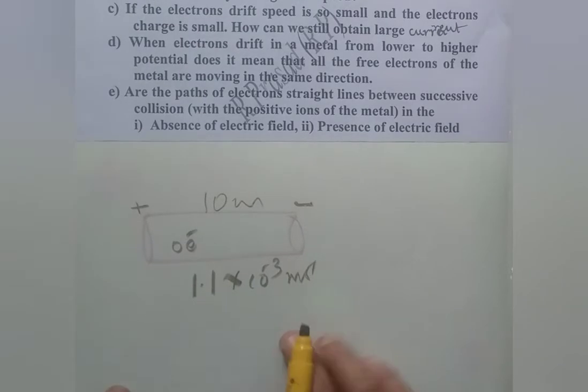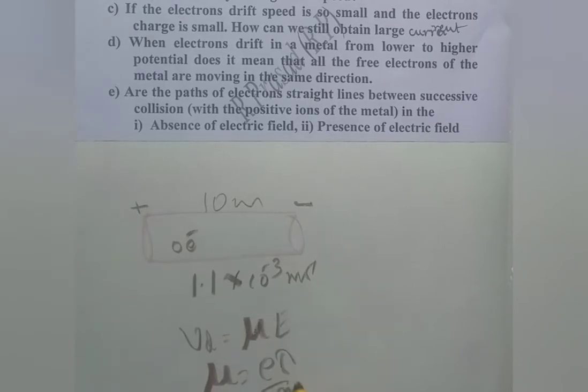We said in the discussion, drift velocity is mu into E, where mu is mobility, which is a constant, e tau by m, and E is the electric field.